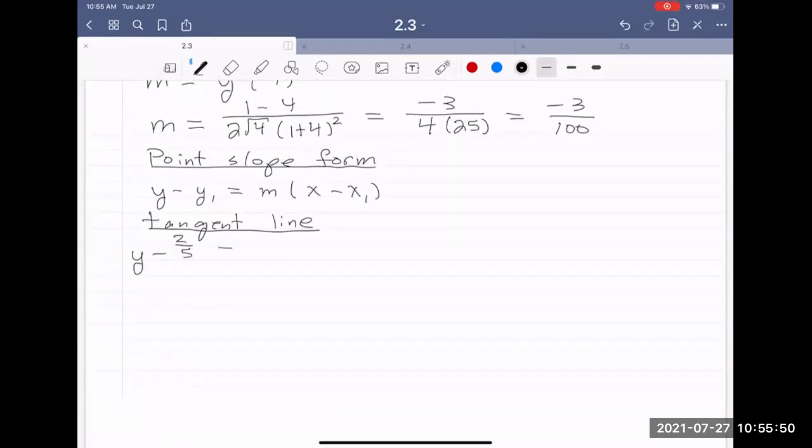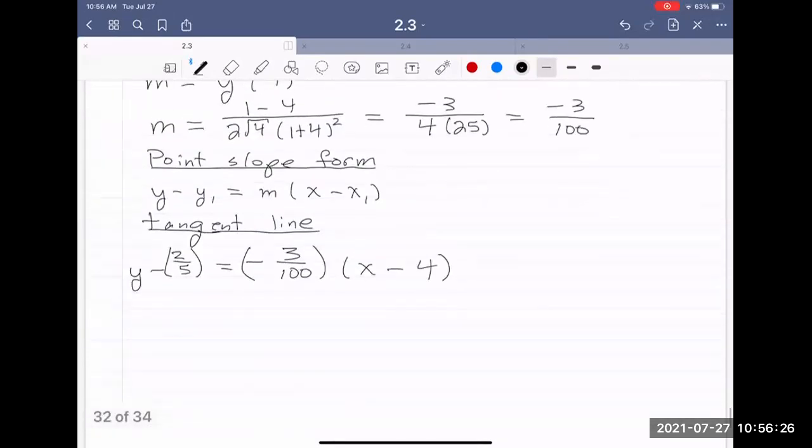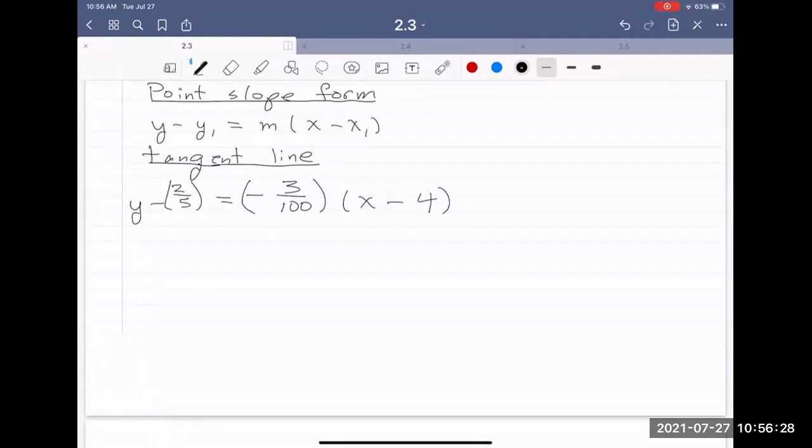Maybe I'll write it as 2/5, is equal to the slope, which is negative 3 over 100 times x minus 4. Yeah, x1 is 4. That is the equation of the tangent line.